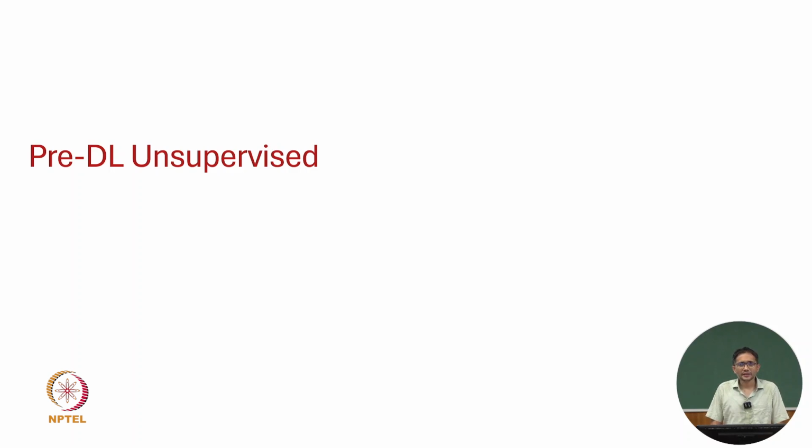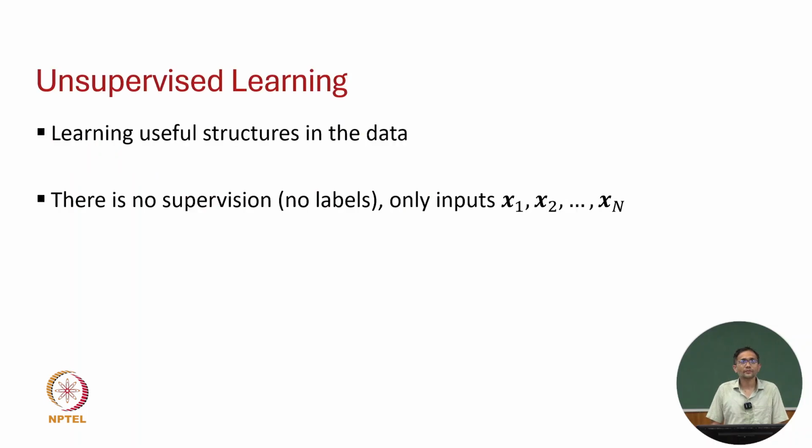This was even more true in the era before deep learning. Hence, we will spend some time discussing unsupervised change detection. With this, let us start our discussion on unsupervised learning.